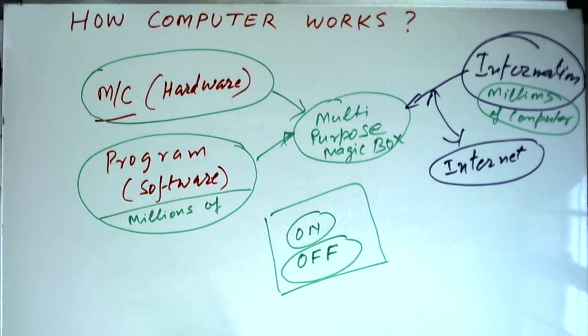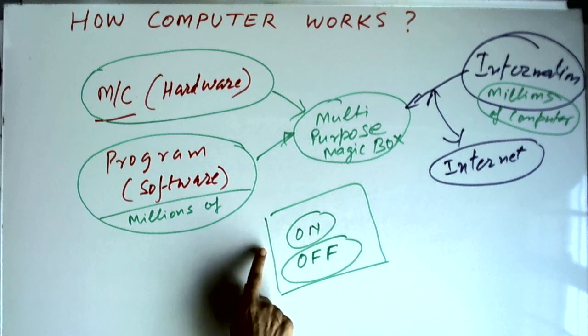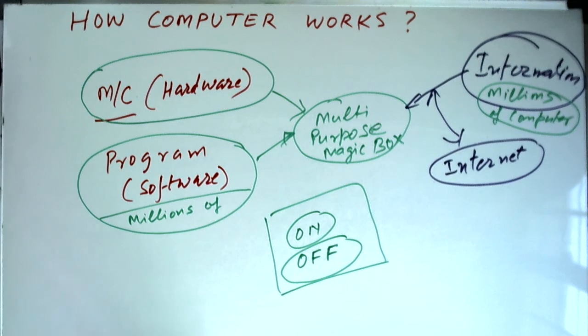So the journey, and even till today, the basic building block is on and off. So remember that at the heart of computer, it is a very, very simplistic thing. But the simplistic thing has been put to such a tremendous use because it is designed with a view that it can be programmed. Because of the programming, this machine has become a magic box.